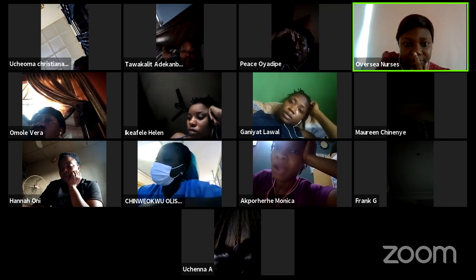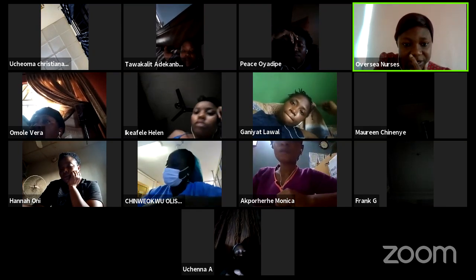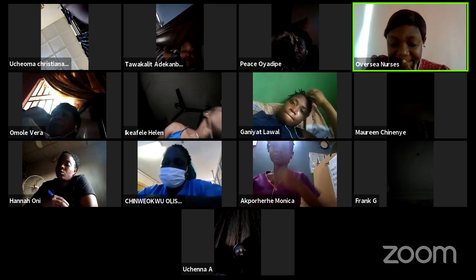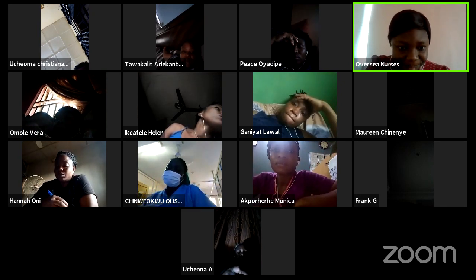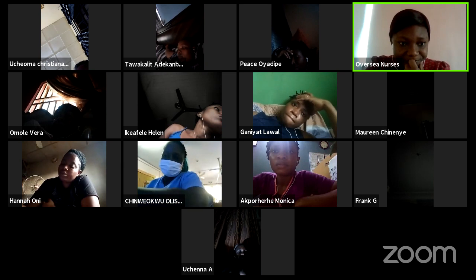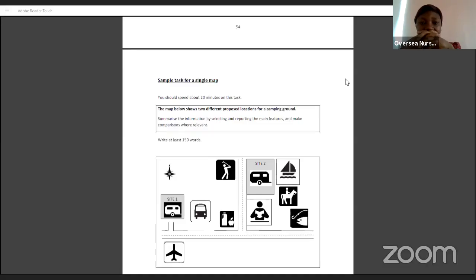I'm sharing this screen with you. You can take a screenshot. Here in this diagram, we have a map that shows two different proposed locations for a camping ground.